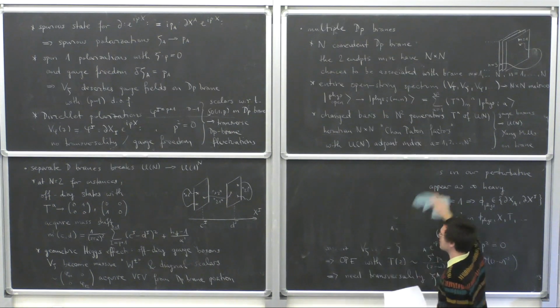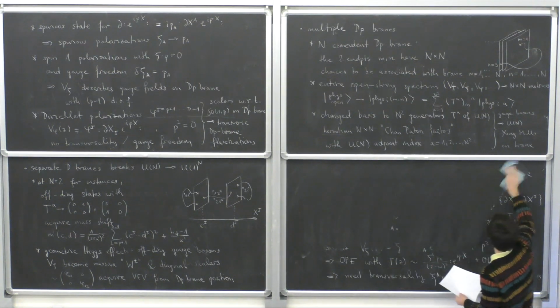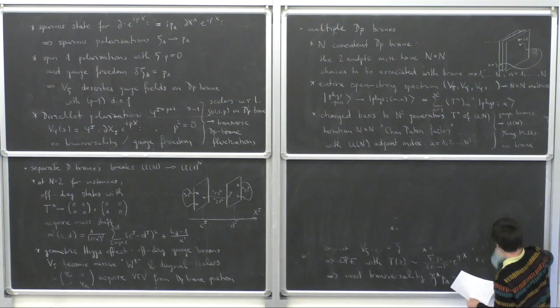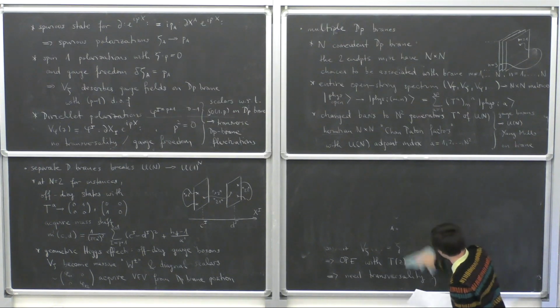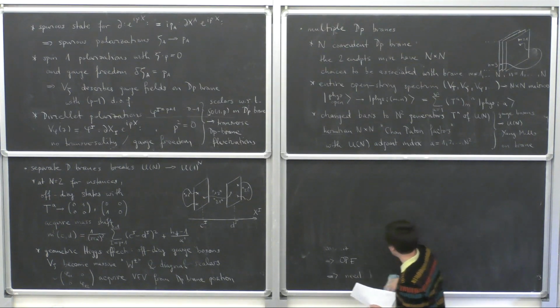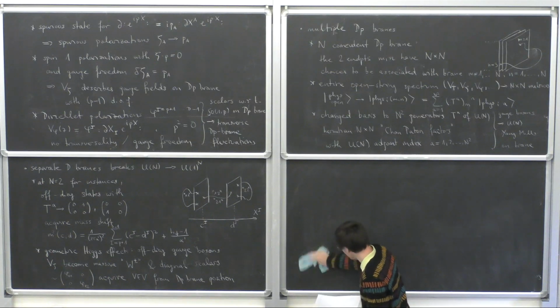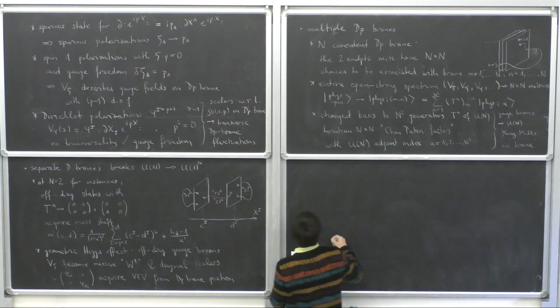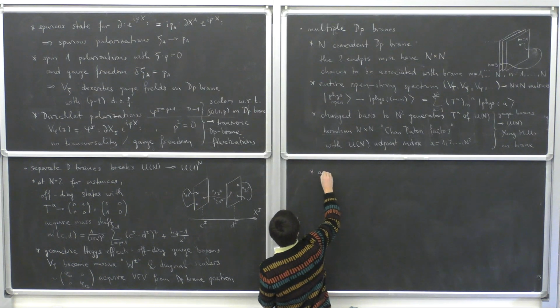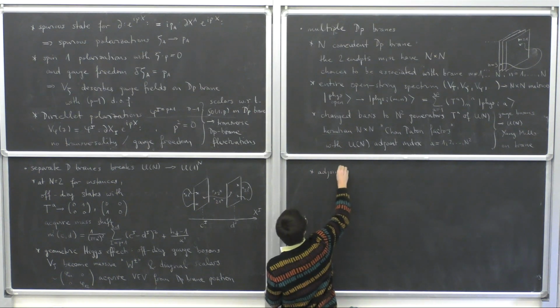So if you're tired of adjoint gauge degrees of freedom and want to see fundamental gauge indices or bifundamental ones, then you can go for intersecting D-branes.